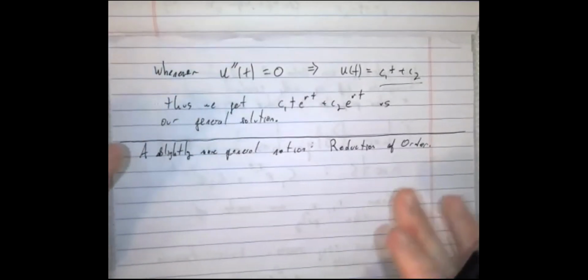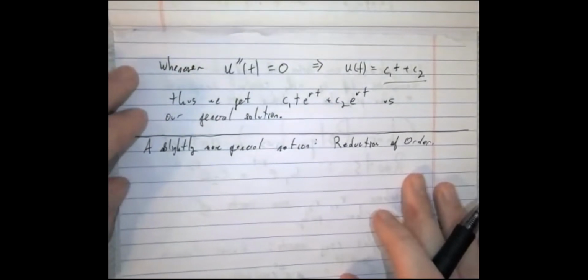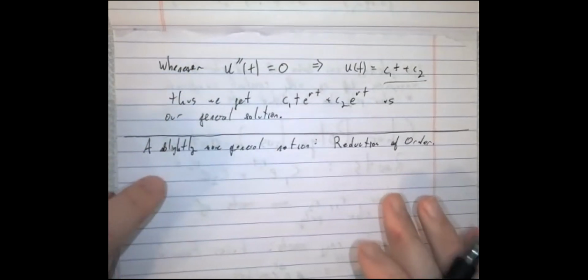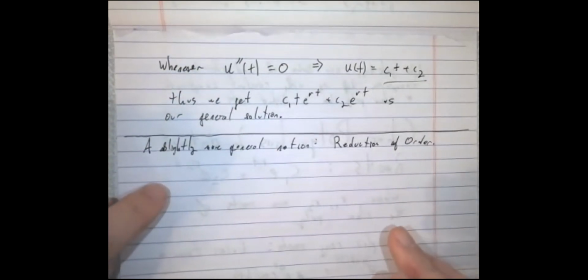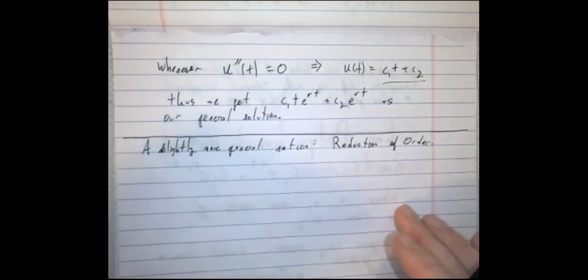Reduction of order is going to be essentially using the exact same technique that we used up here to find a second solution, except now we're not going to be limiting ourselves to second order homogeneous linear differential equations with constant coefficients. Now we can take arbitrary coefficients.